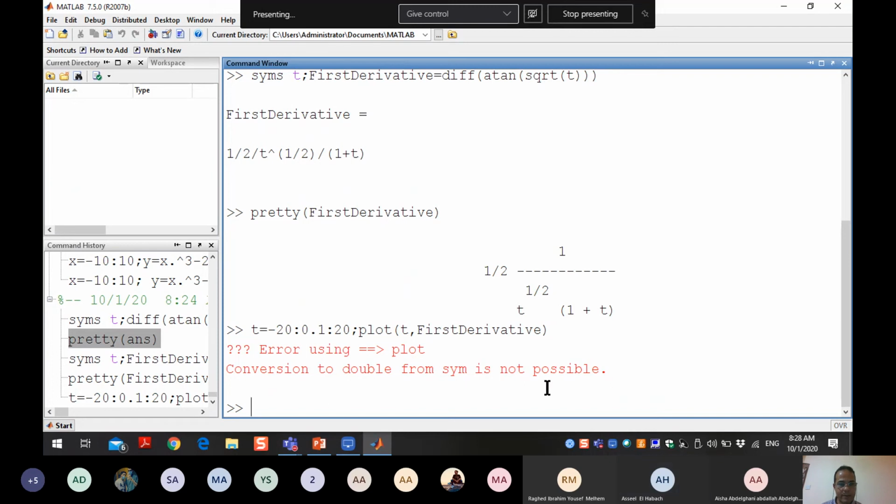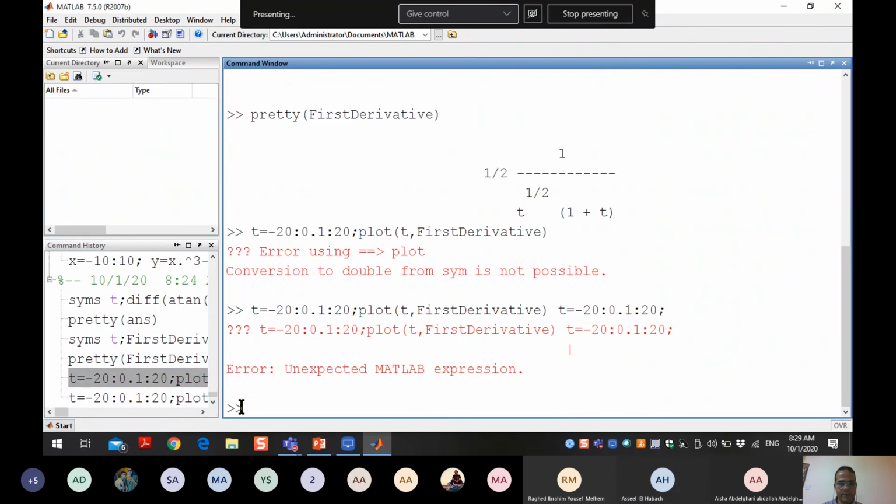What's wrong with this one? The expression is not right, because I copied this one after this.